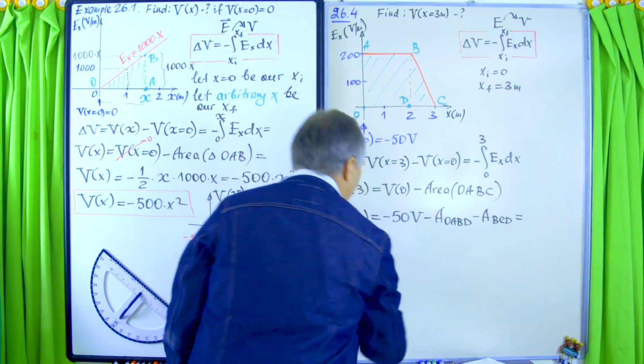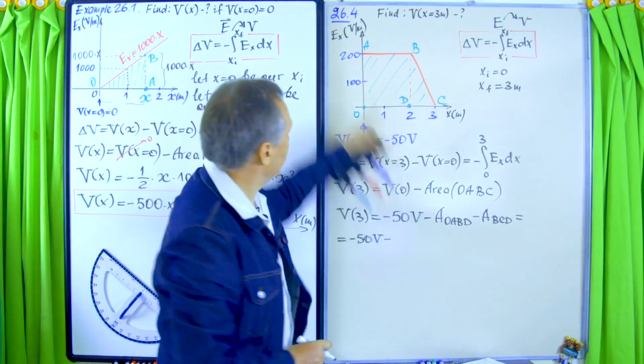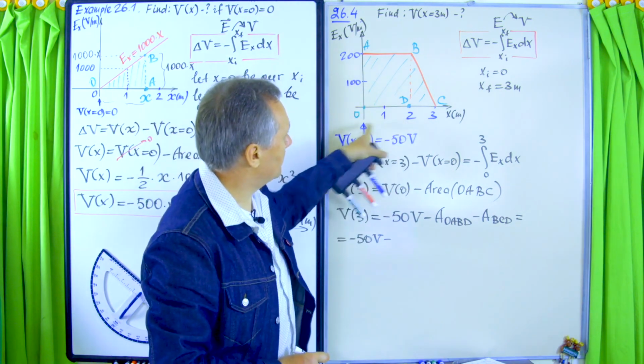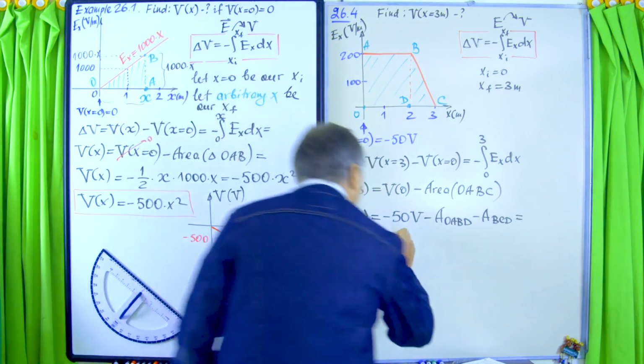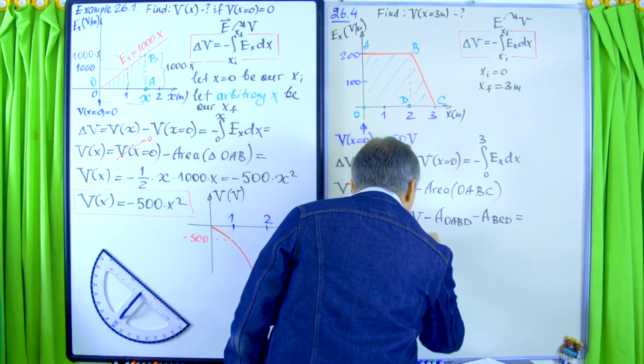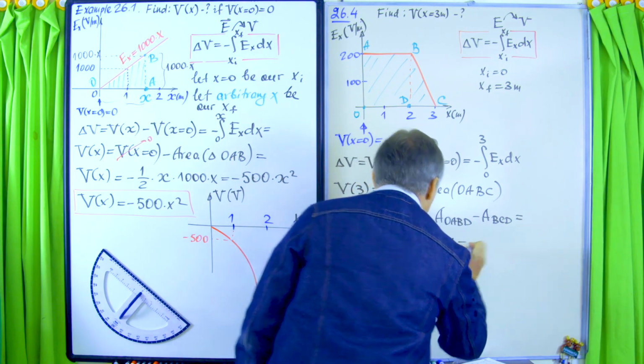Minus 50 volts, minus, so it will be 200 times 2, so let me write, minus 200 volts per meter times 2 meters, right?